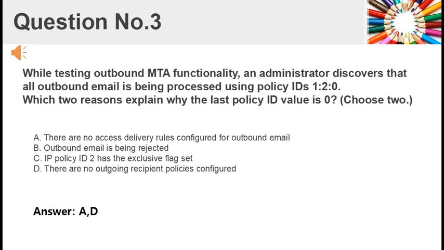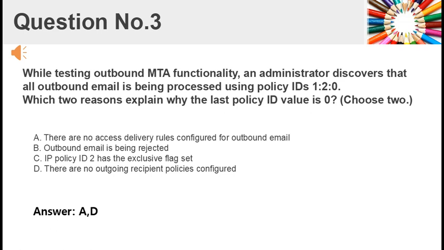While testing outbound MTA functionality, an administrator discovers that all outbound email is being processed using policy IDs 1, 2 to 0. Which 2 reasons explain why the last policy ID value is 0? Choose 2.